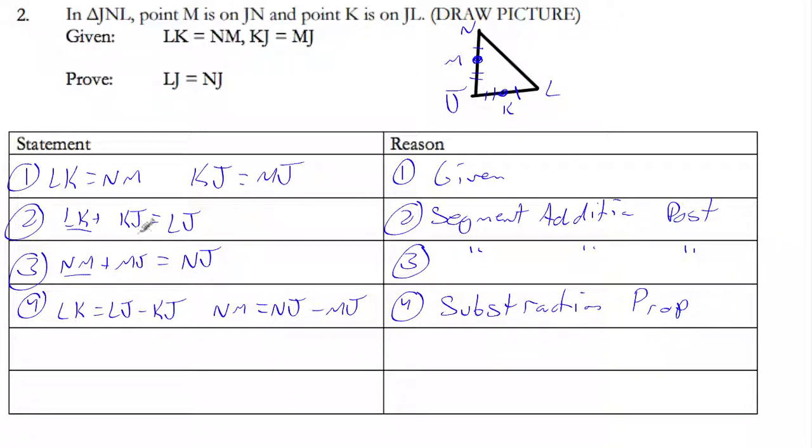So in both step 2 and step 3, I subtracted from both sides. In step 2, I subtracted KJ from both sides. In step 3, I subtracted MJ from both sides. Now, it's been given to me that LK equals NM, so I can use substitution to say that LJ minus KJ is equal to NJ minus MJ. And this was because of, again, the substitution property.